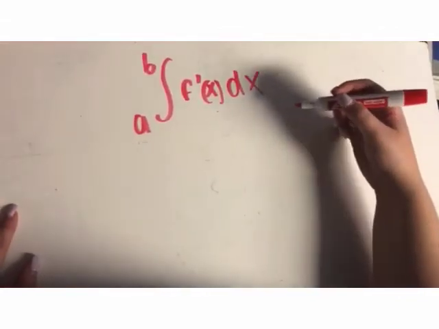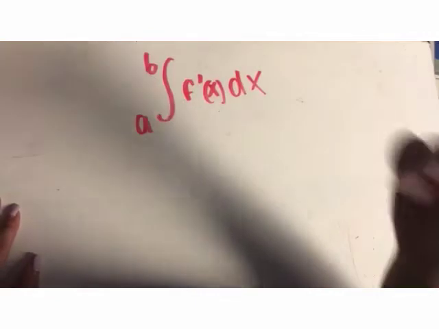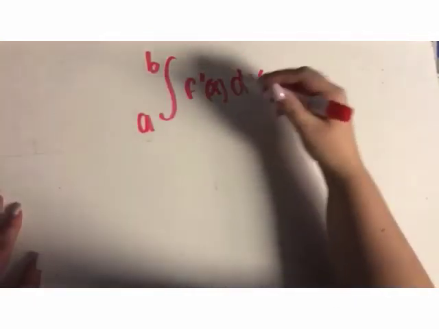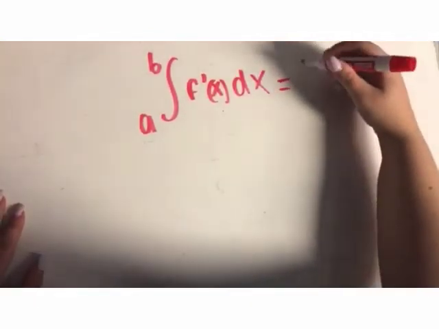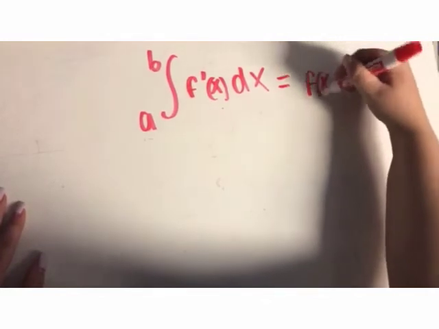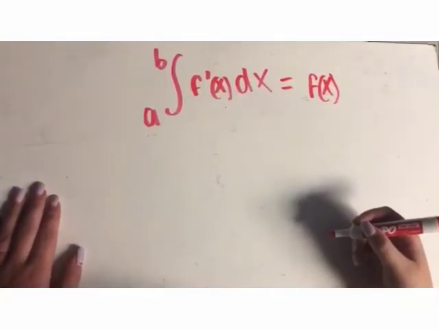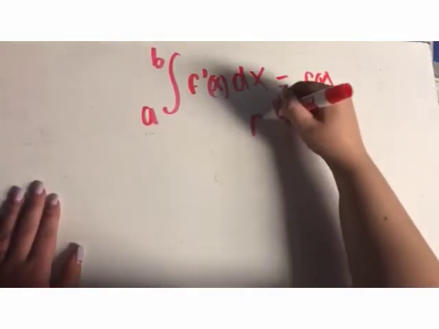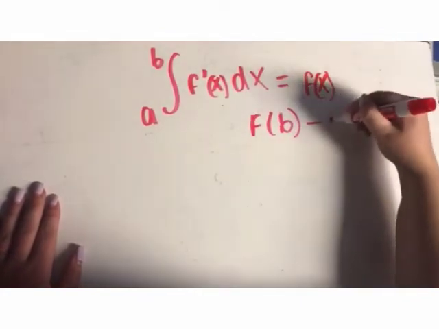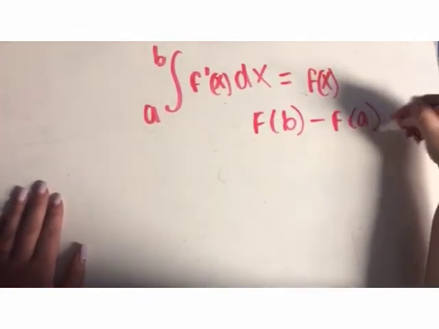This is calculated by first finding the indefinite integral of the function, which is f of x. Once the indefinite integral is found, the function f of b minus f of a should be found.